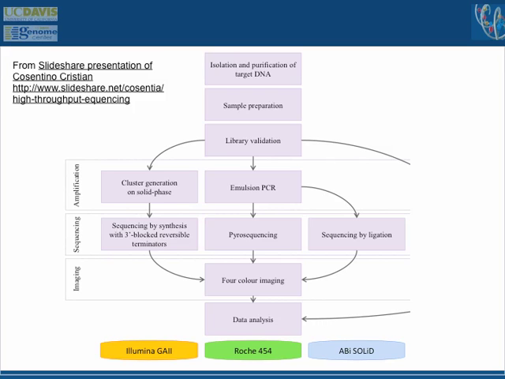Illumina is completely different. It doesn't do this emulsification. It spots the DNA onto a little glass slide and runs what's called bridge PCR on the glass slide, and it makes millions of copies physically around your little piece of DNA on the slide. So you get what are called clusters on the slide of copies of the target piece of DNA.